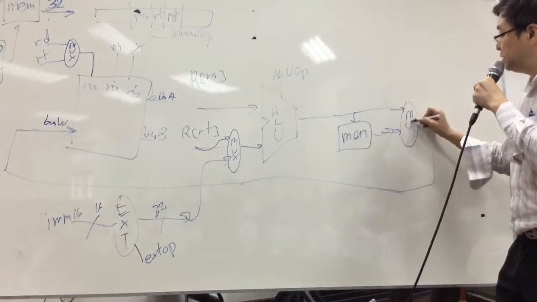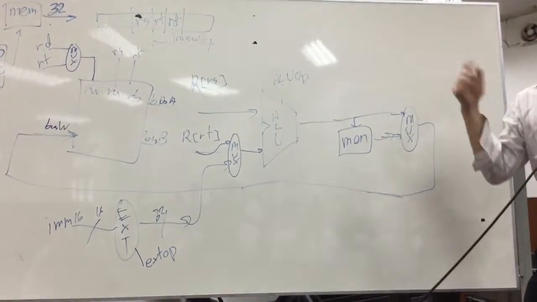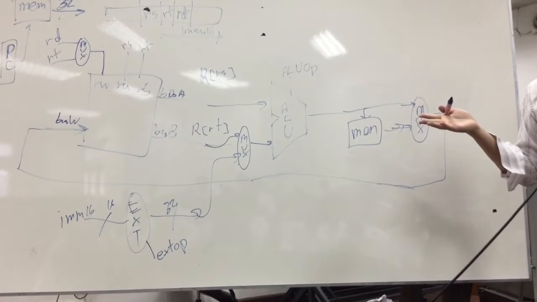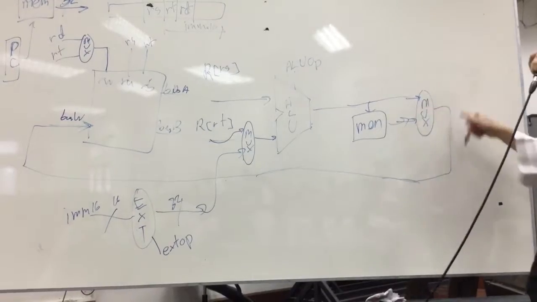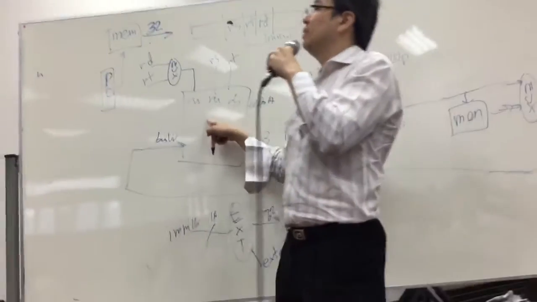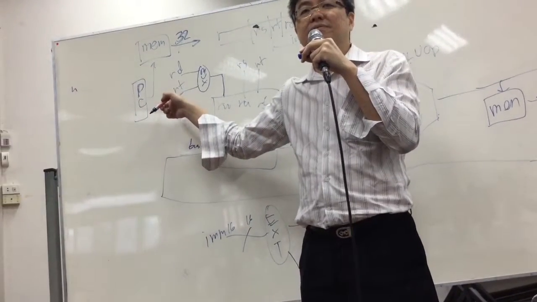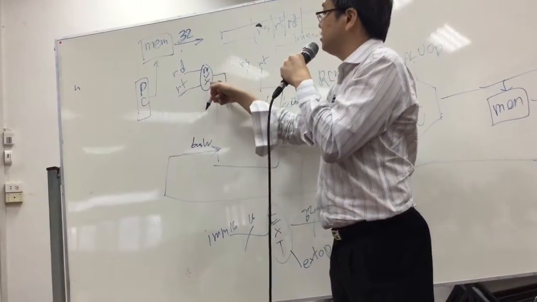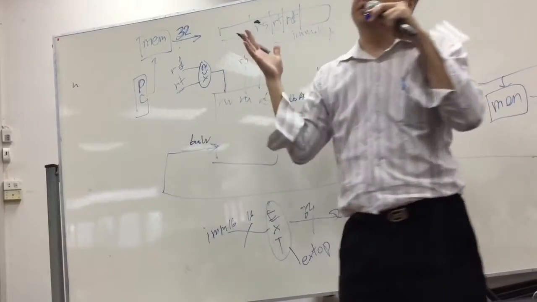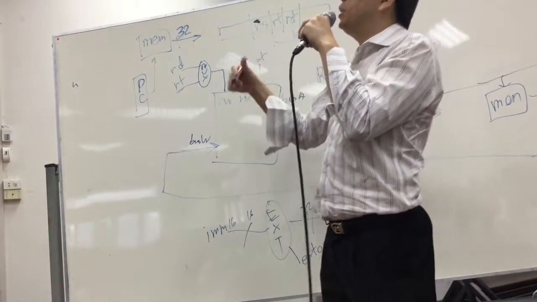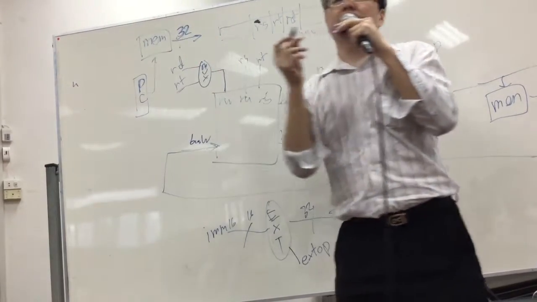So we introduce another multiplexer so that we can select what to connect. Right back to which one? RT. It still works. If we select this multiplexer to connect RT, that still works. So now we're done with the load instruction.